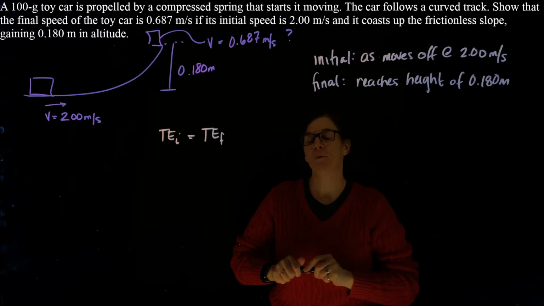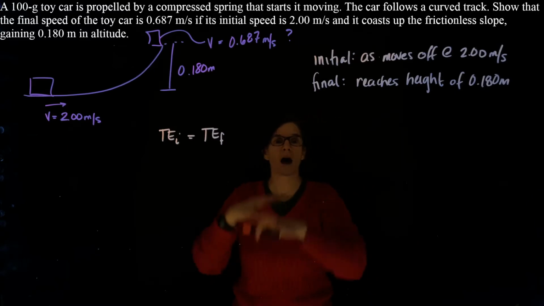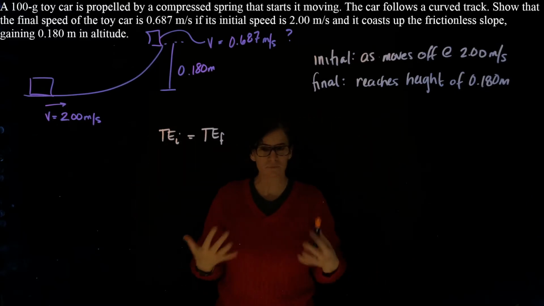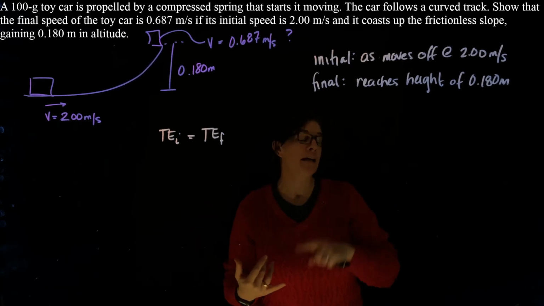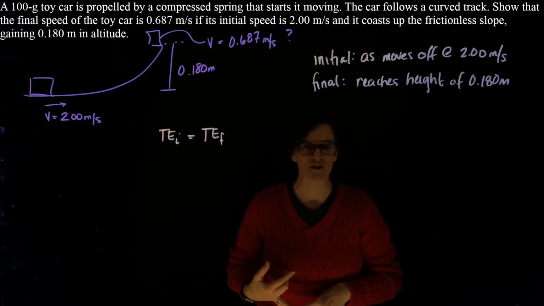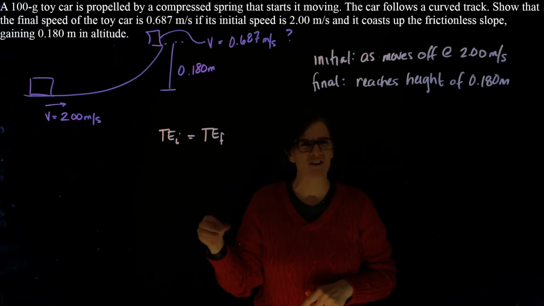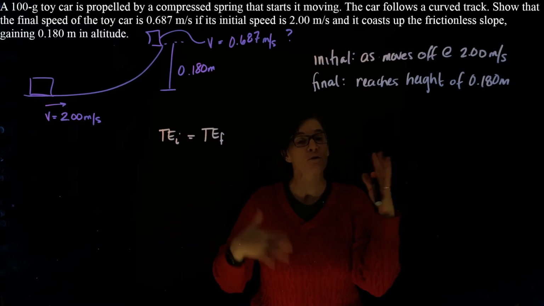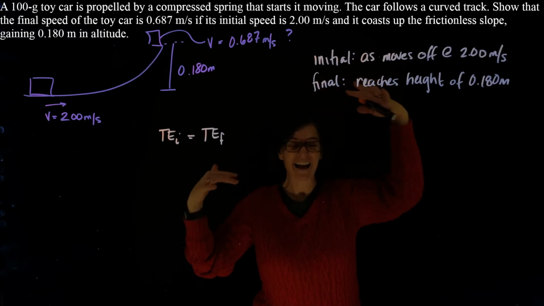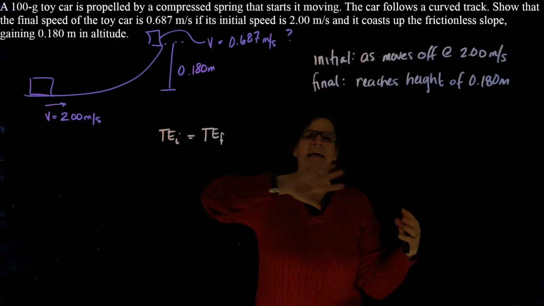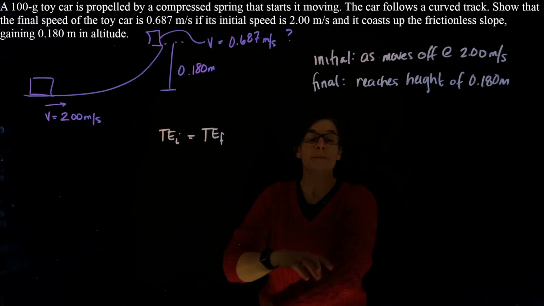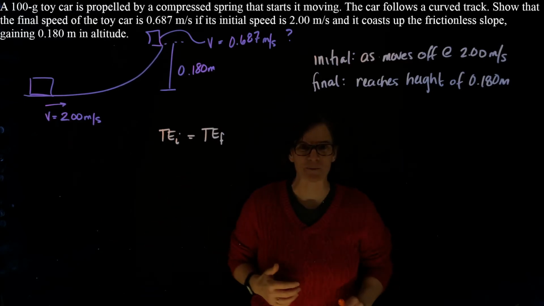All right, when we think about total energy, we want to think about what options do we have for energy. This is a mechanical energy example, so we have potential energies and kinetic energies. Now we have a spring involved, and that can have potential energy, and we have gravity involved in different heights, so that's a type of potential energy. Since we're looking after it moves off that spring, the spring's potential energy is not going to be a part of the picture.